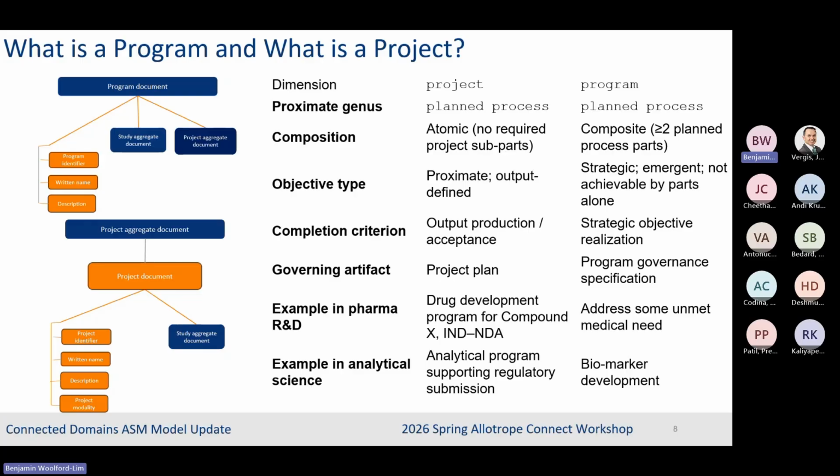It's exactly where you would think it would go. It picked up that a program is something bigger than a project, that a program is something strategic, and a project is something more tactical or has a deliverable. Then it gave the completion criteria and the governing aspect that come from whether it's strategic or output based, and then gave some examples, and all of that seemed to fit real nicely.